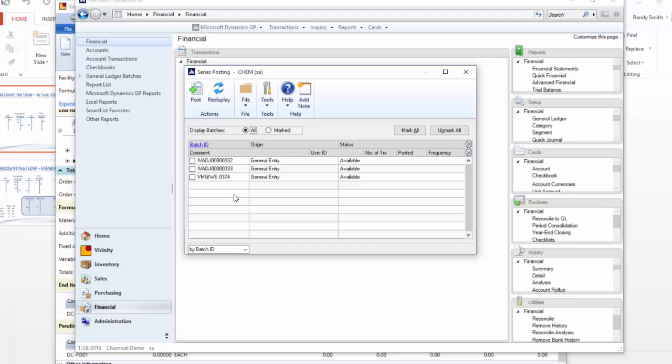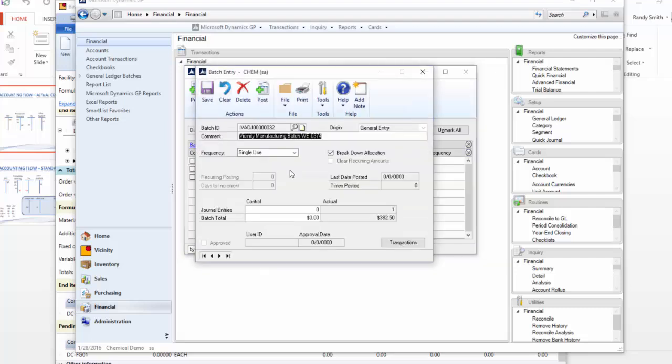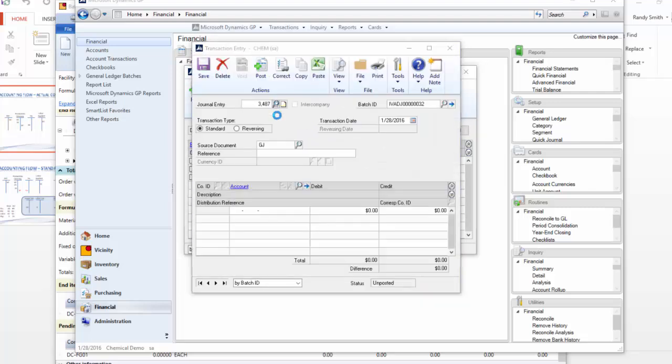All right, so what we've got now is our 2 transactions coming in from inventory. I'm sitting at the general ledger right now, and this is the transaction for the raw material usage coming from that same batch we were playing with. Let me go ahead and pull up that transaction.